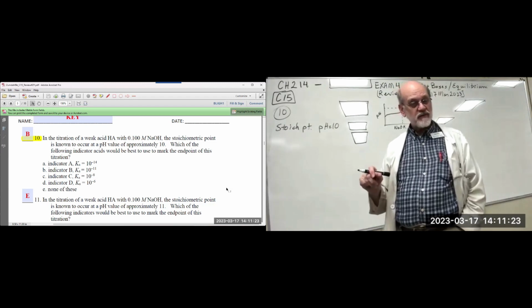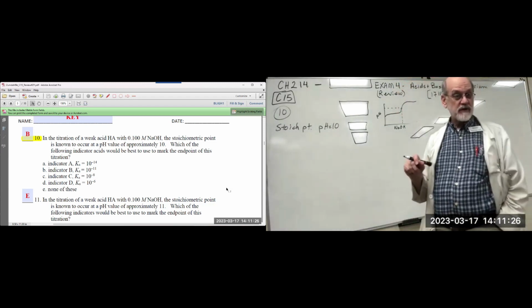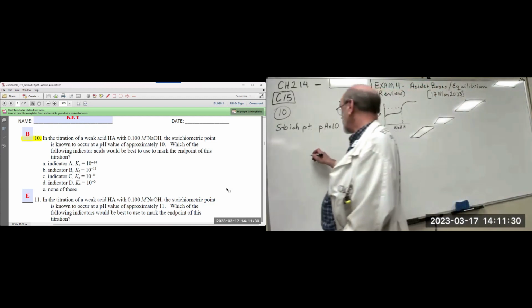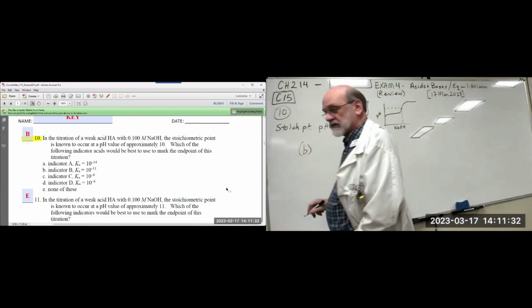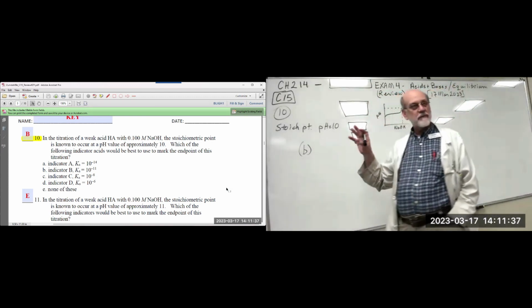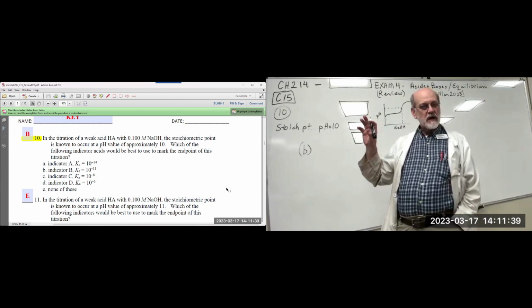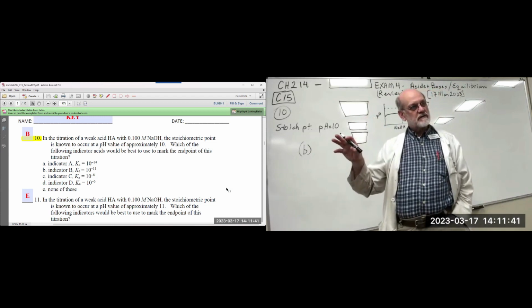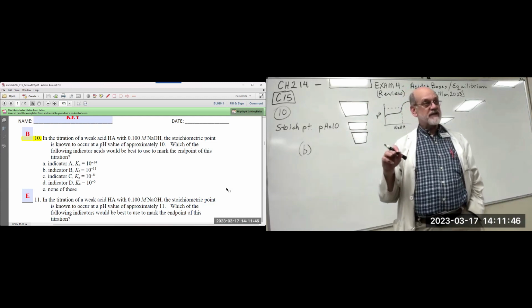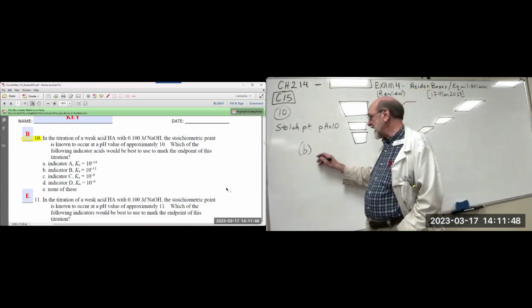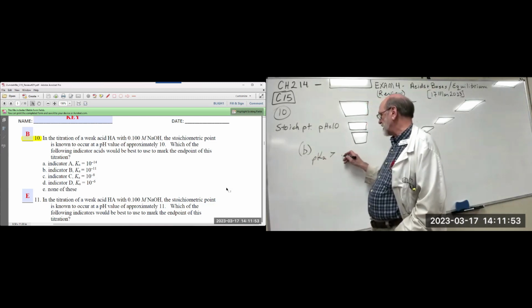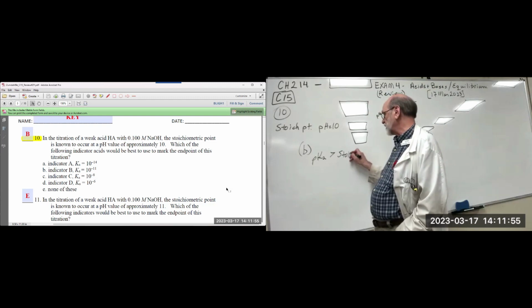All right, so if we're just given powers of 10, the closest one to that is 10 to the minus 11, which would be a pH of 11. Right, so B would be your best choice. And typically speaking, if you're doing a sodium hydroxide titration with a weak acid, your best place to have the pKa for your indicator is greater than the stoichiometric point.